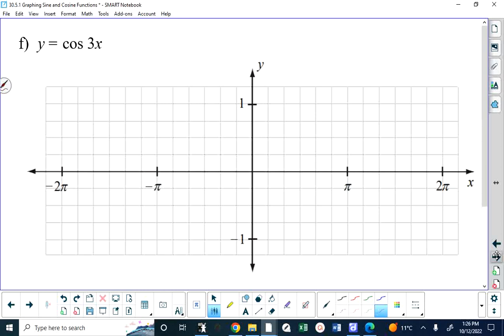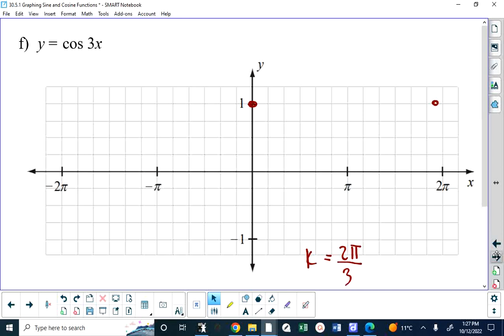This graph is a cosine graph which would start at the top and finish after one period at the top. But this thing is stretched horizontally by a factor of 1/3, which means instead of going to 2 pi, it's going to go to 1/3 of 2 pi. The period here is going to be 2 pi over 3.